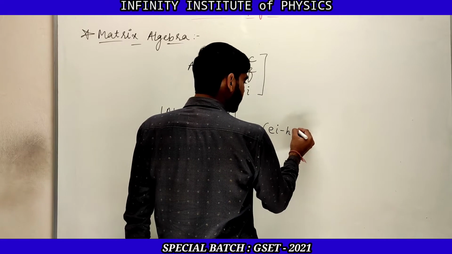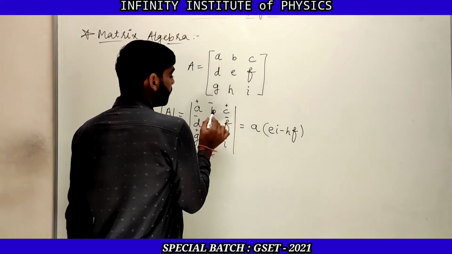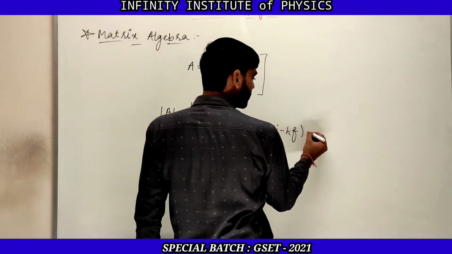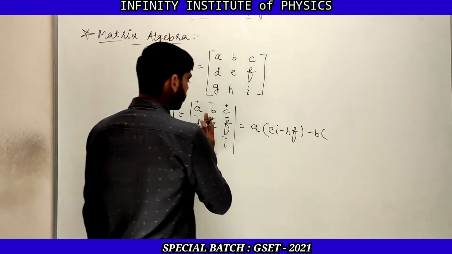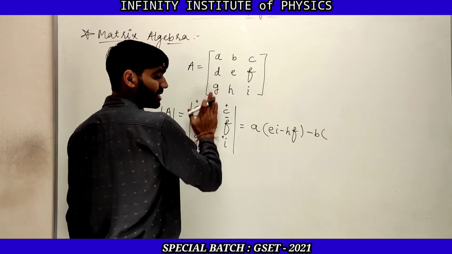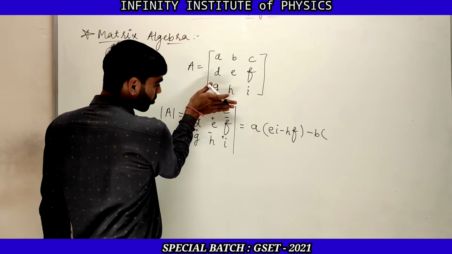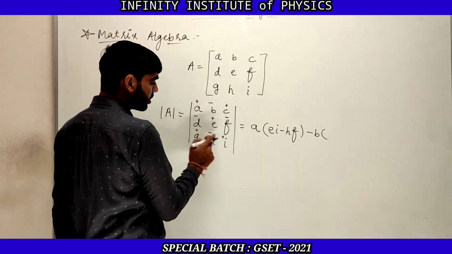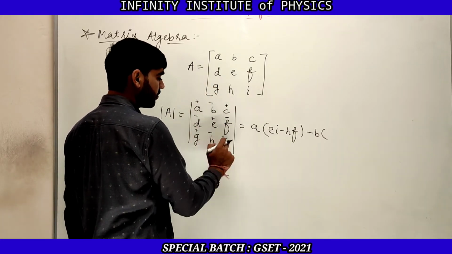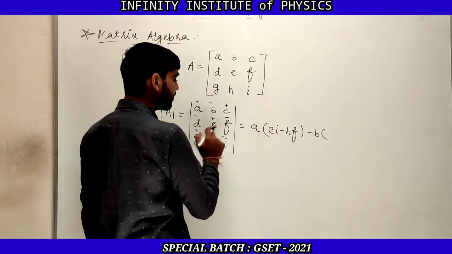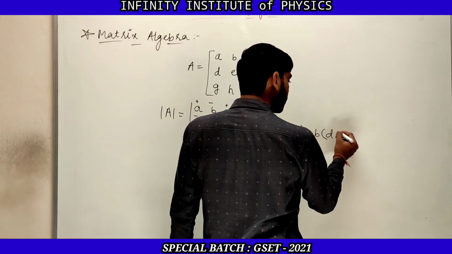Now B with the sign minus, now remove that column in which B is lying and also the row in which B is lying. So now we need to take the determinant of the remaining 2 by 2 matrix, so it is DI minus GF.